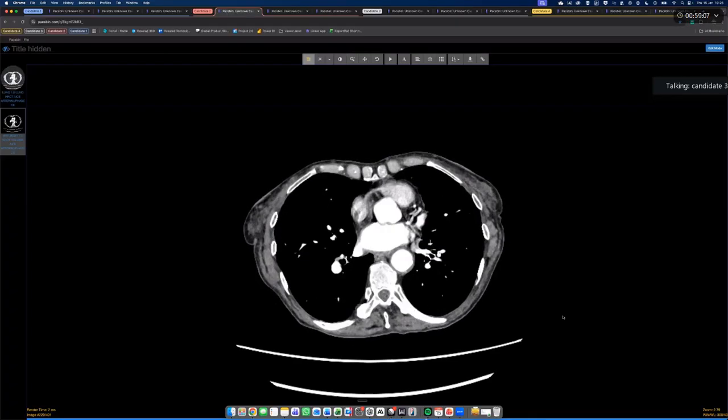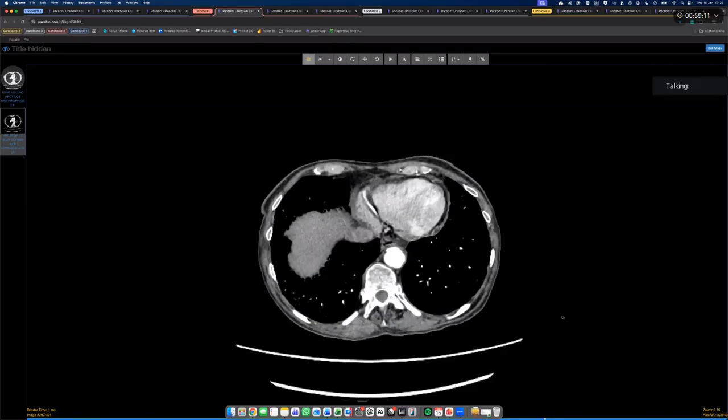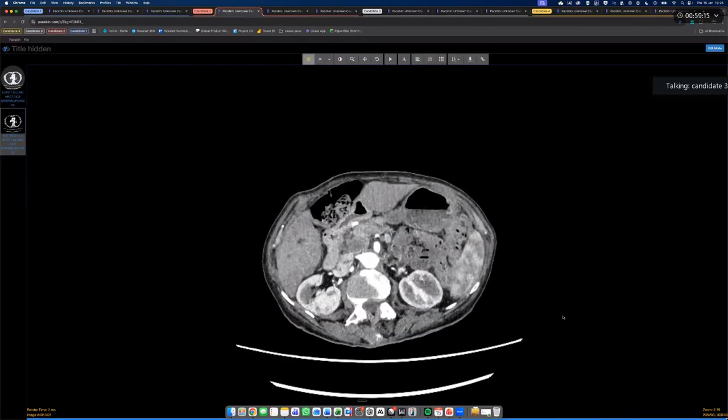On the last cuts, I can see evidence of pneumobilia within the liver. On the initial scroll, I was also able to visualize a subcarinal lymph node. The rest of the lung parenchyma appeared relatively normal.